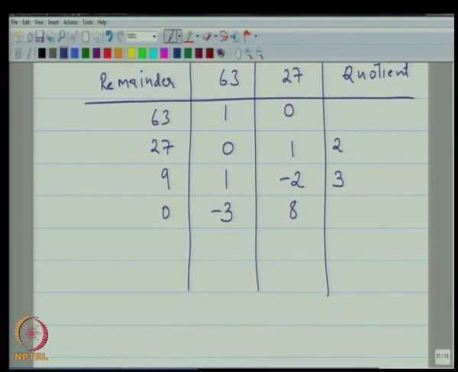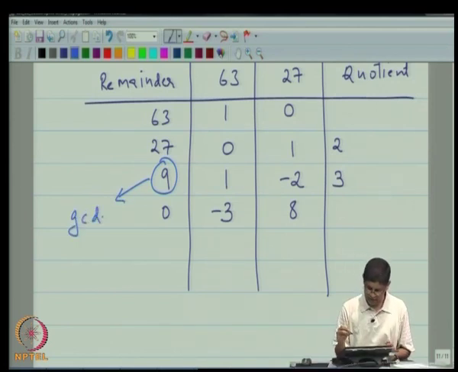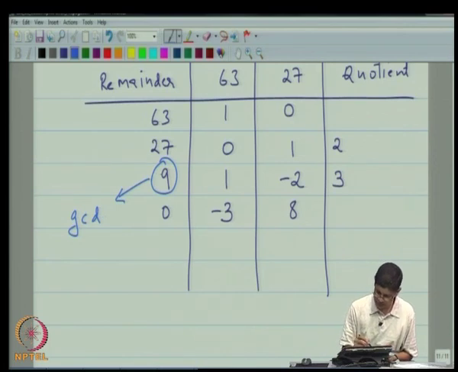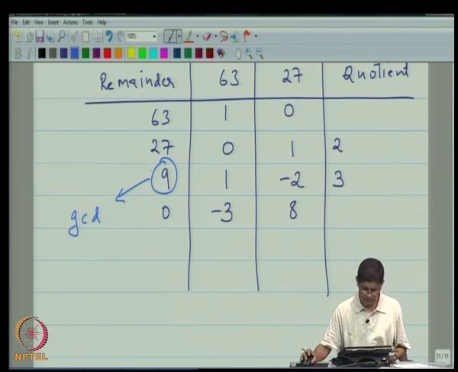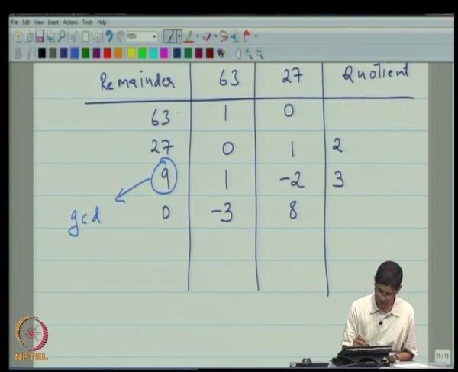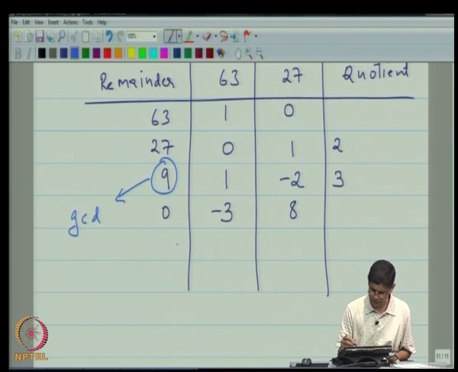All right. So, as soon as we got the remainder of 0, what we actually observed was that the previous remainder is the GCD that we want. What this table gives you apart from the GCD, because whatever calculations you did in the leftmost column were really of no consequence, are similar to what we did earlier. So, there is nothing new that the table adds.